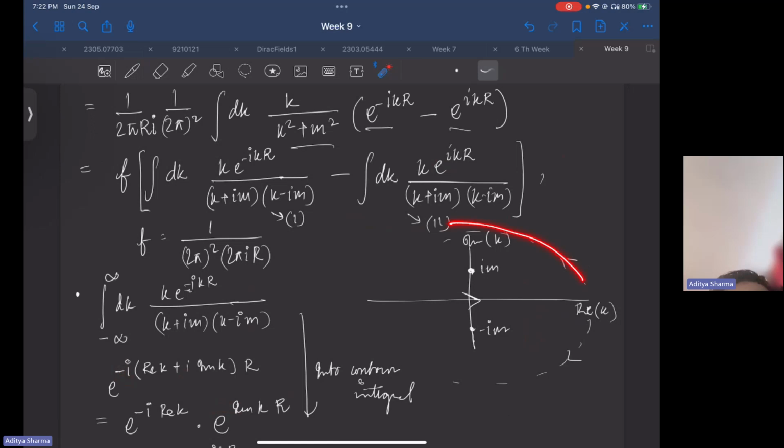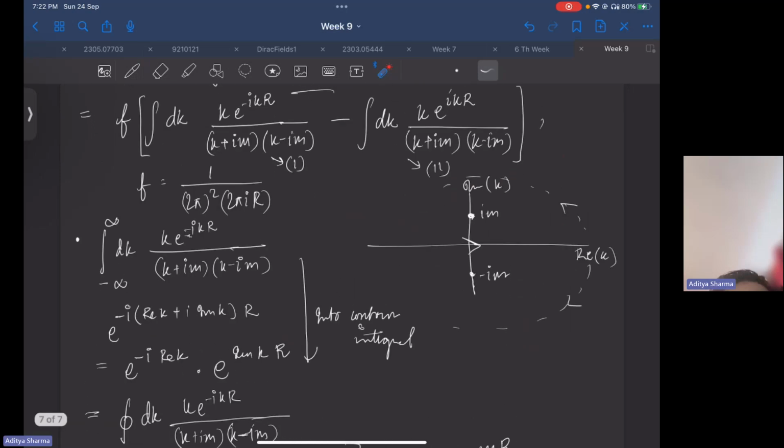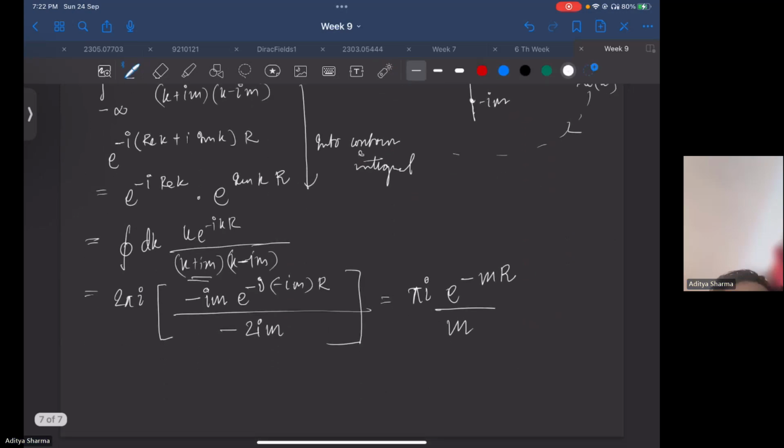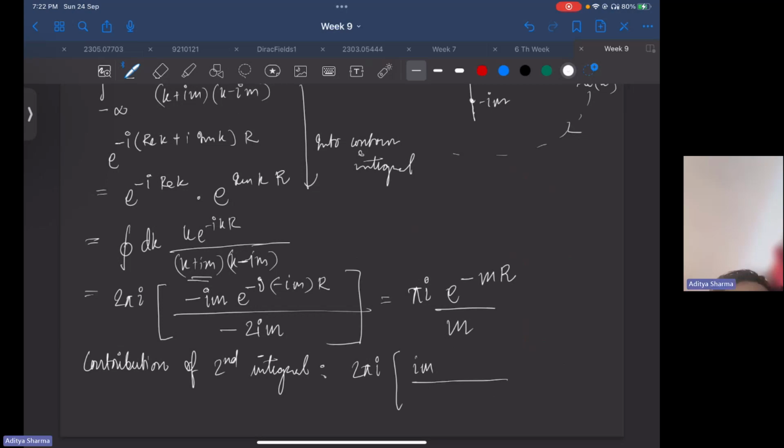And now you have to close the contour above, and the result will be 2 pi i, plus i m. Now you have to remove this term and put i m here.